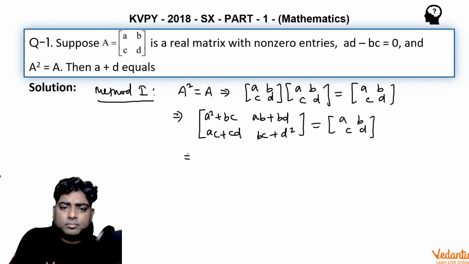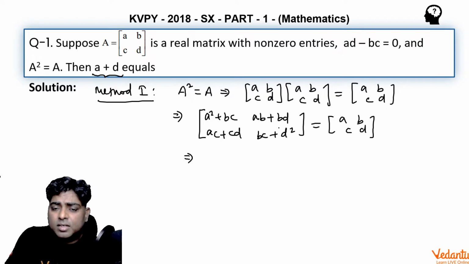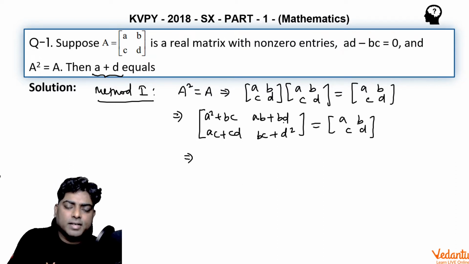Now comparing the elements, we have to find A plus D, which comes from the element of first row and second column or the second row and first column.